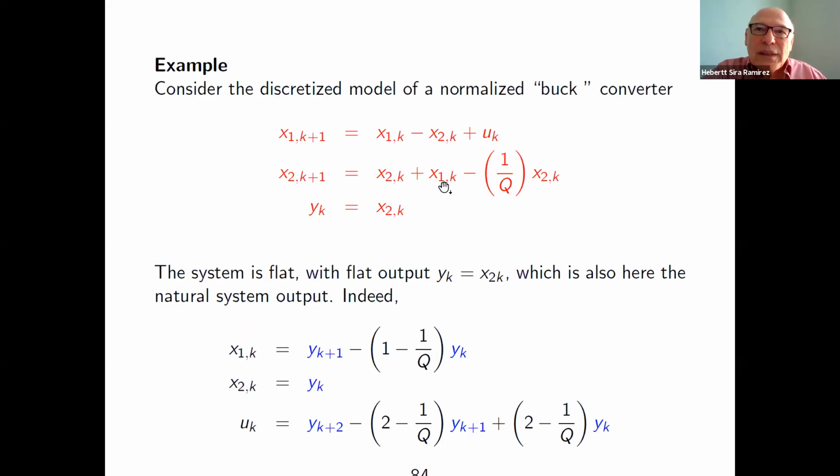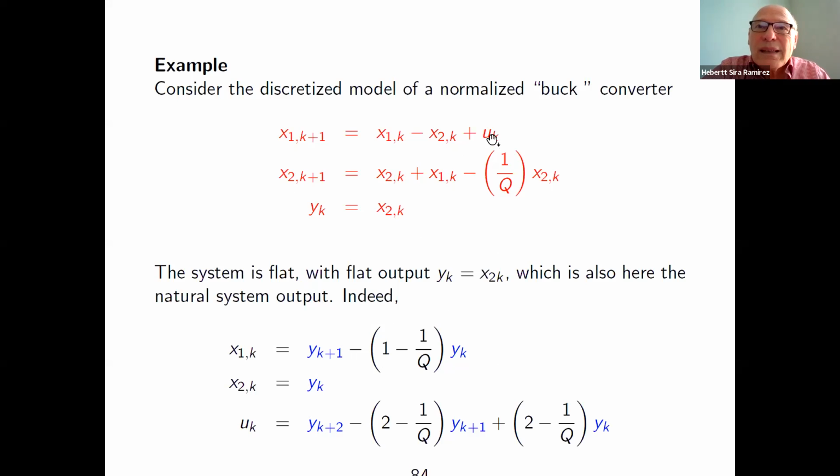Because certainly from this equation, you can solve for x1 in terms of y, which is x2, and y(k+1), which is here, and the parameters in the system. So this state is parameterizable by means of y. And x2, which is the output, is precisely y(k). So the two states are parameterizable in terms of y.